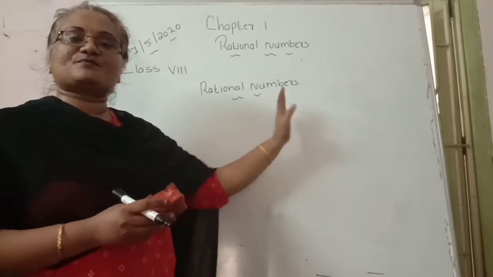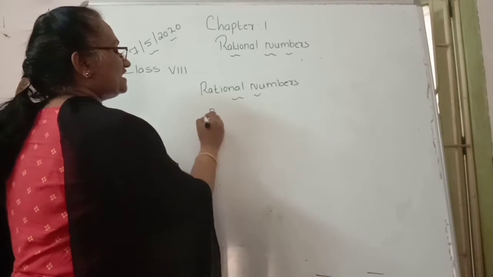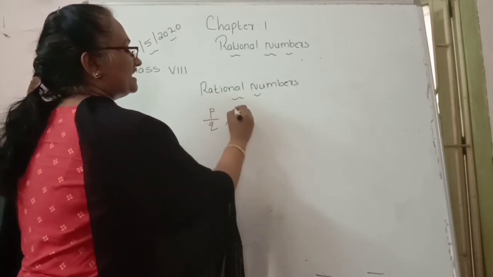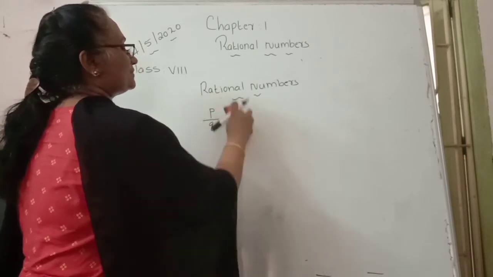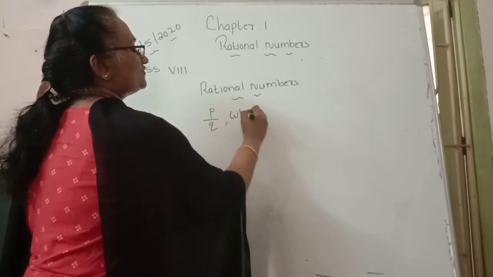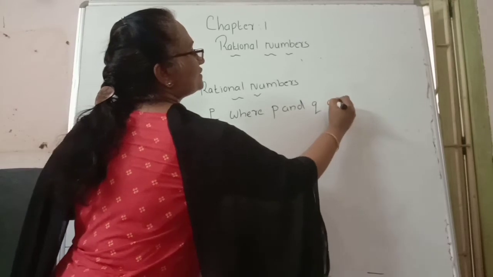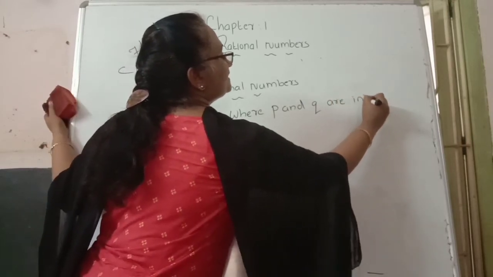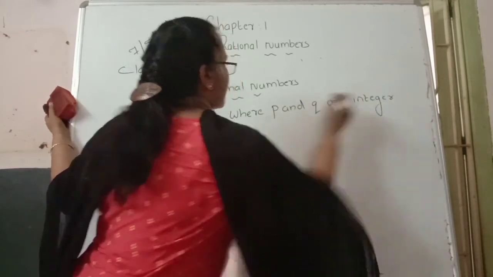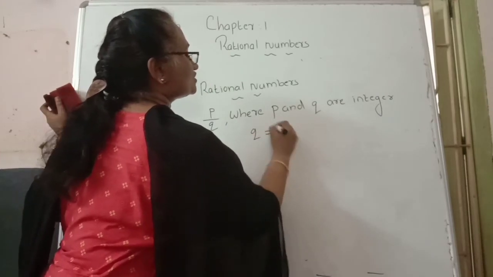Numbers that can be expressed in the form P by Q, where P and Q are integers and Q is not equal to 0.